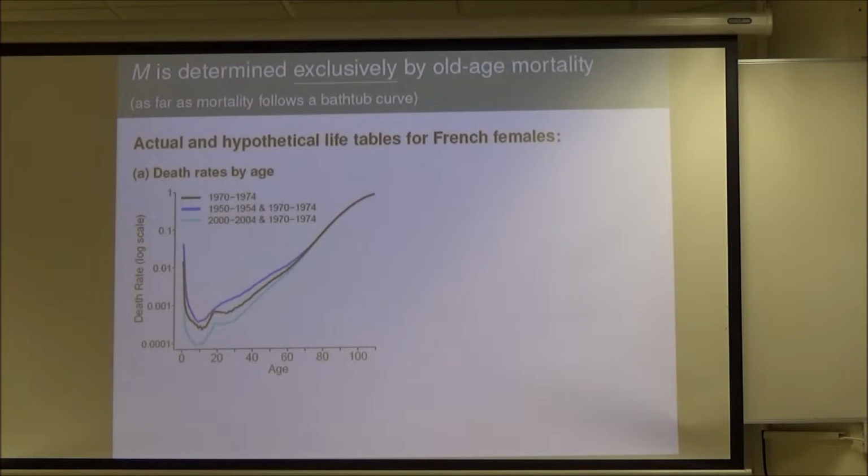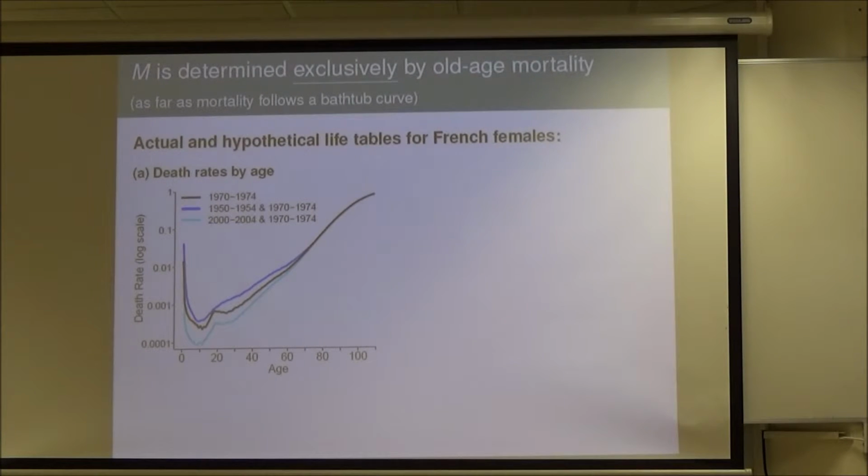So in order to make this statement clearer, the fact that M is determined exclusively by old age mortality, we're presenting here a toy example or empirical example to make this more clear. So as you can see on this figure, we forced all three life tables to have the same death rates above age 70 and to have different death rates below this age.